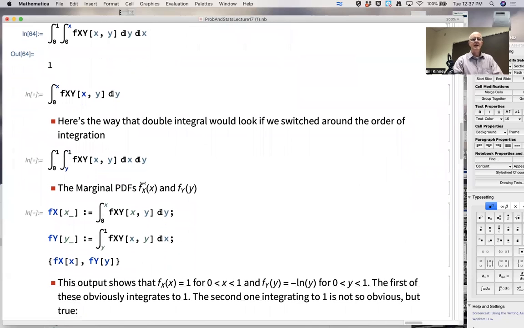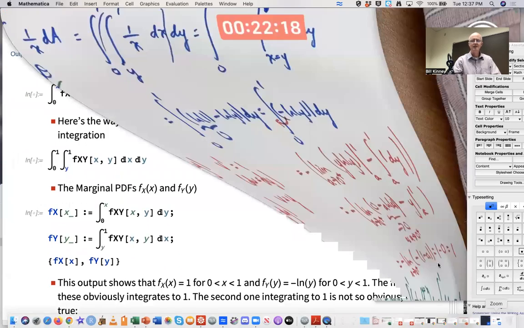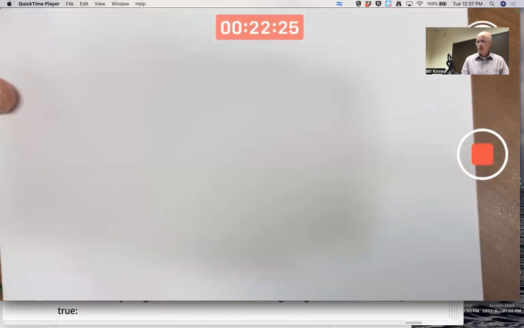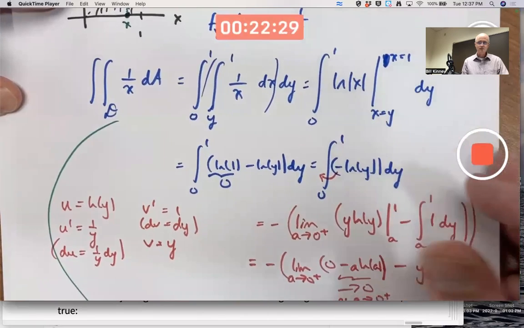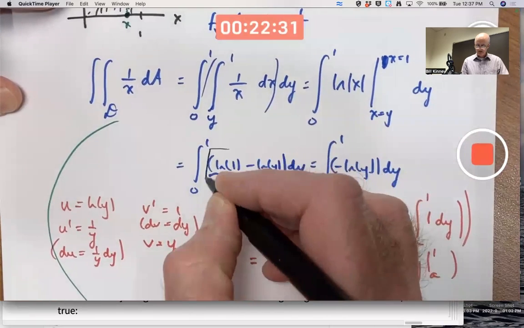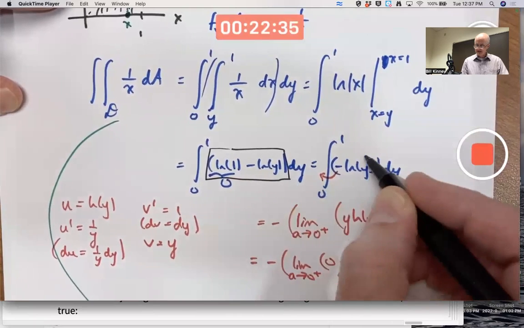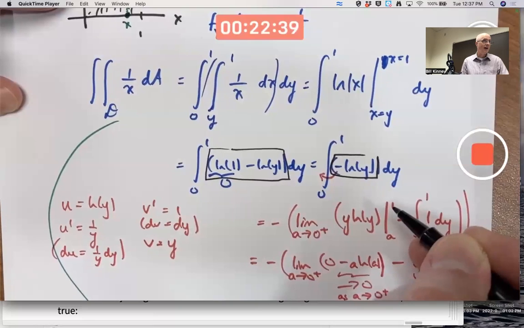What are the marginal PDFs? Let's try to do one of the marginal PDFs by hand. Well, we actually already did them effectively. That thing right there, which simplifies to this, is the marginal PDF for y.